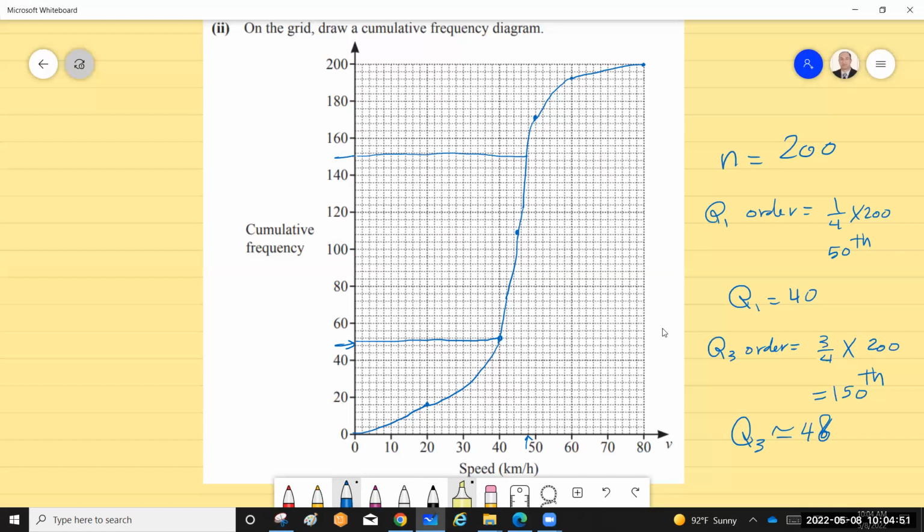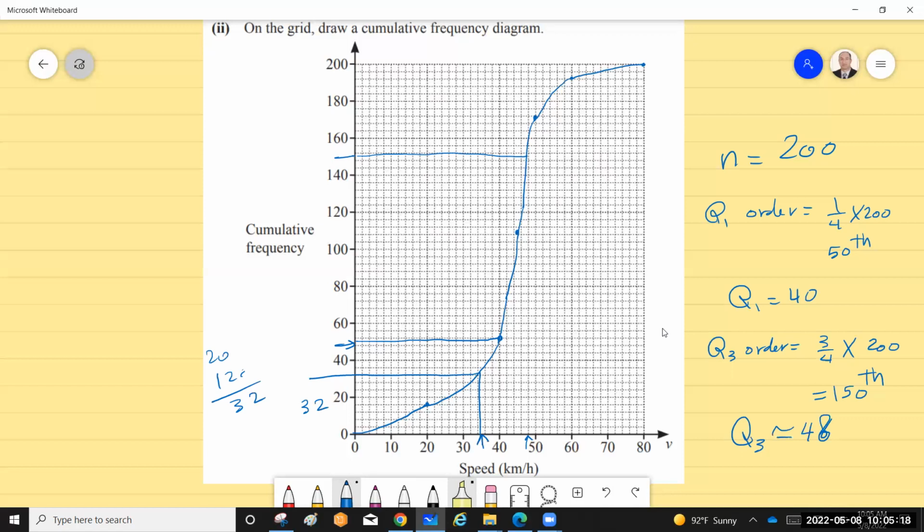The number of cars with a speed greater than 35 km/h: take 35 km/h, this point, go to the curve and read the frequency. This one is 12 plus 20 equals 32. So this number is 32.